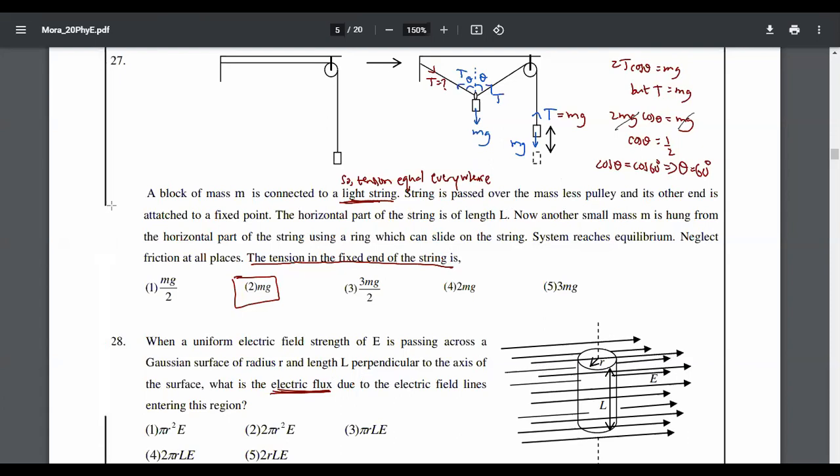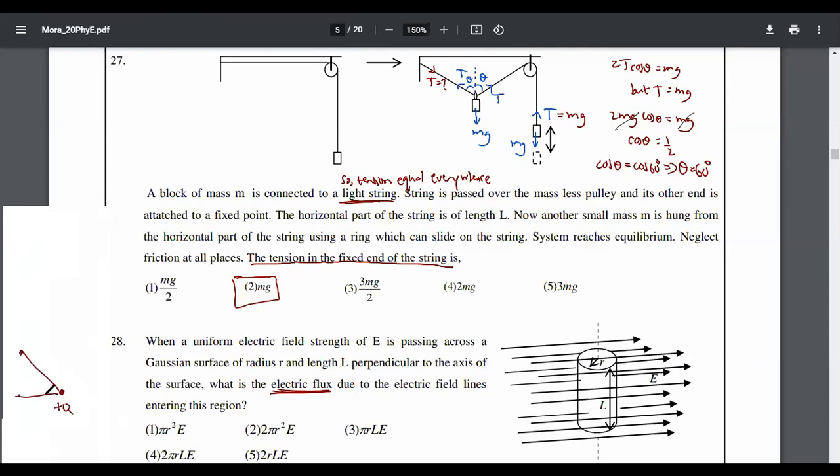Now imagine you have a point charge. From a point charge, electric field lines will go everywhere, 360 degrees. And those electric field lines are perpendicular to a spherical surface you draw around it. Got it? Because it will go up, down, east, west, northeast, northwest, everywhere. Therefore, if you draw a spherical surface around it, all these lines are perpendicular to that spherical surface. So there you have to consider the area as the area of the sphere.